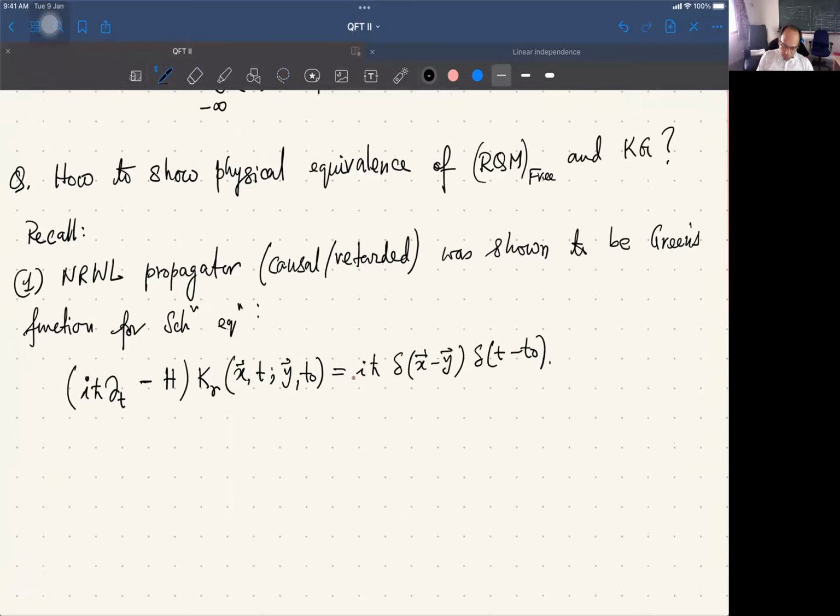So that was the non-relativistic worldline propagator, which we calculated using the path integral. This is nothing but K(x, t; y, t0) retarded.